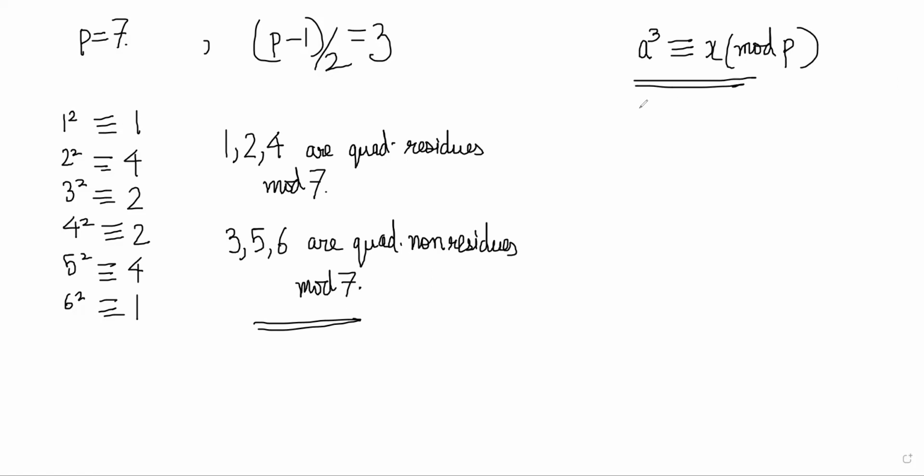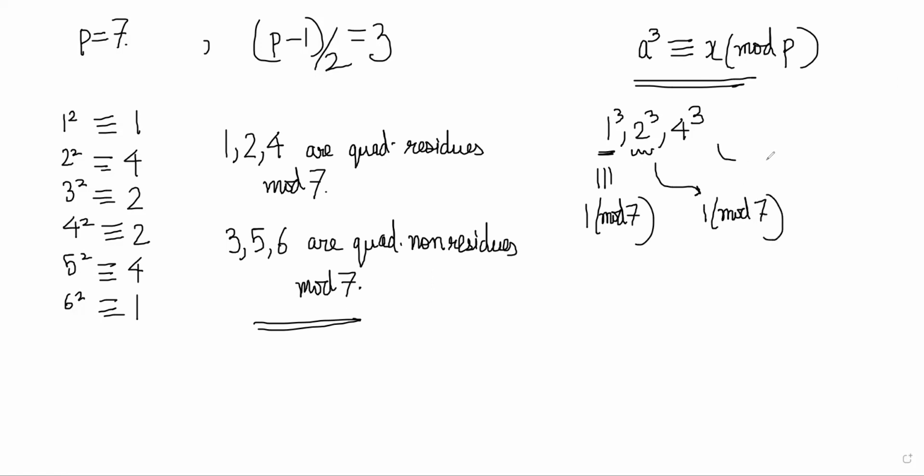So if you take a cube, 1 cube, 2 cube, and 4 cube, let's find out what it is mod p. So 1 cube is 1 mod 7, 2 cube is also 1 mod 7, and you will realize that 4 cube, 64, is also 1 mod 7, right?